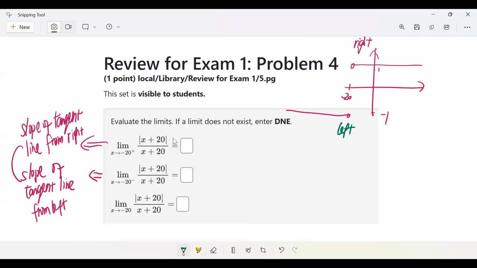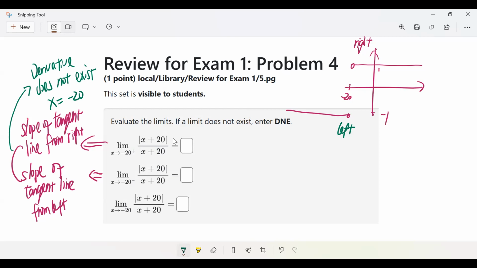So in this case, we know that the derivative does not exist at x equals -20. Based on these two, we know that the derivative does not exist at x equals -20.